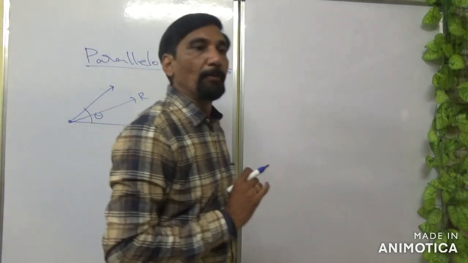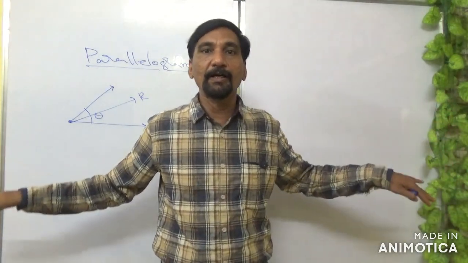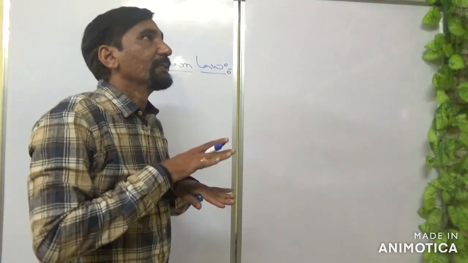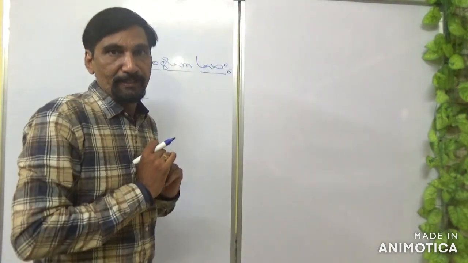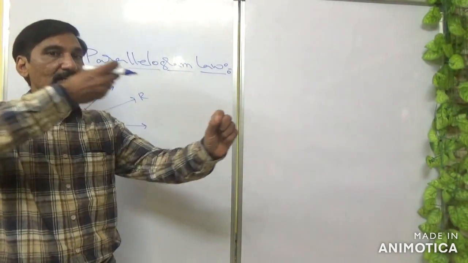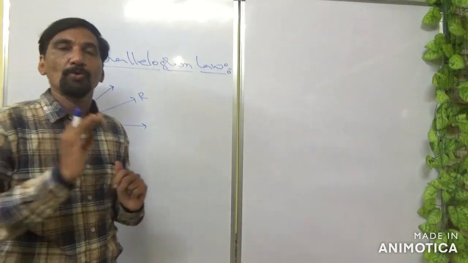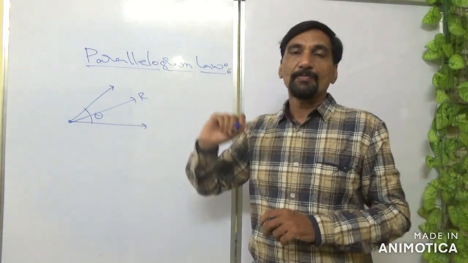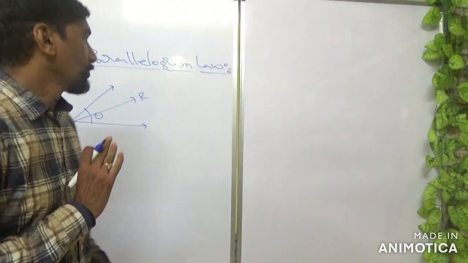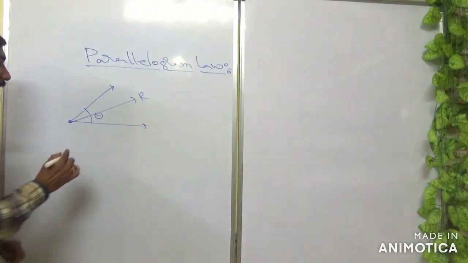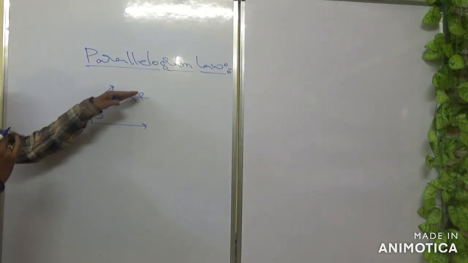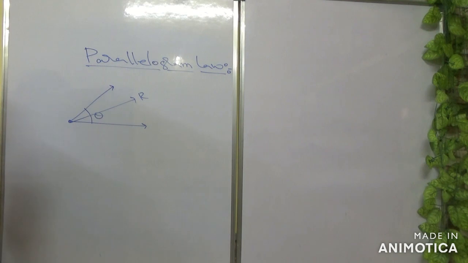You see a flying bird: when the bird stretches its wings down, it will be moving in the diagonal direction. Or leaving an arrow from a bow is also an application of the parallelogram law. So whenever two vectors are inclined at an angle theta, the diagonal gives their resultant.